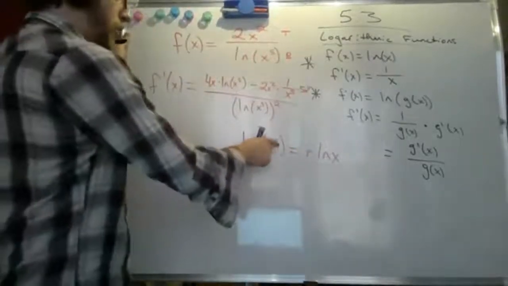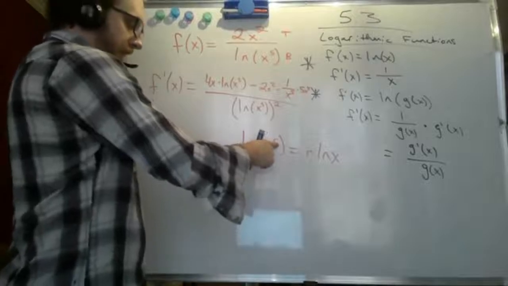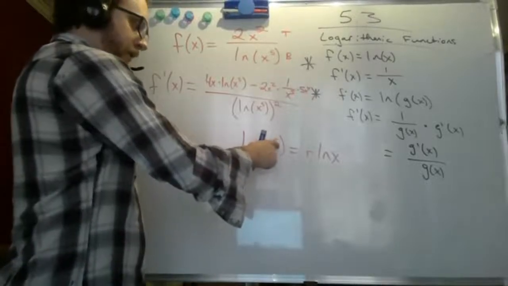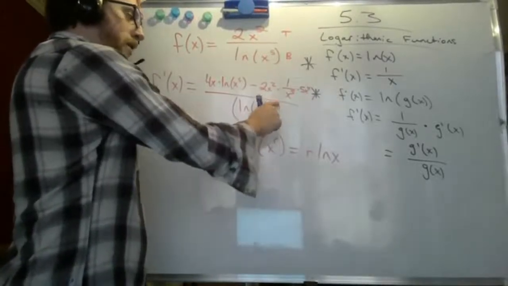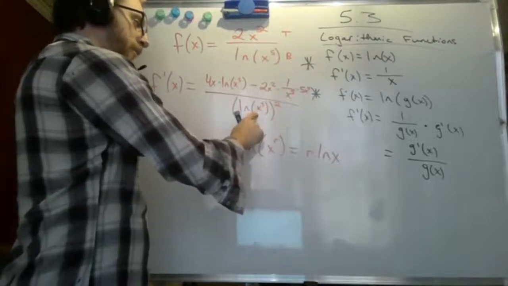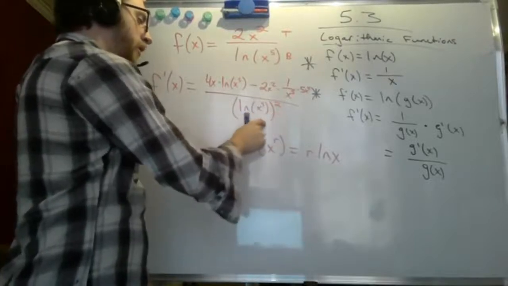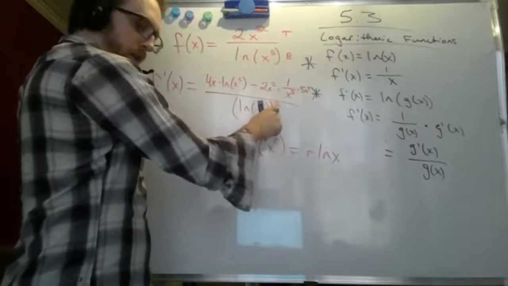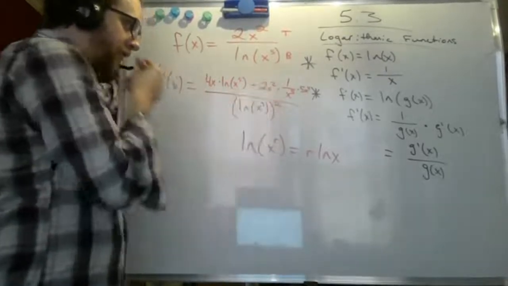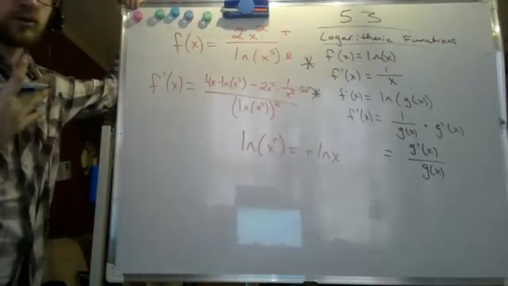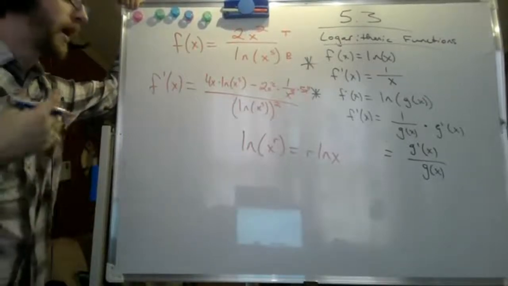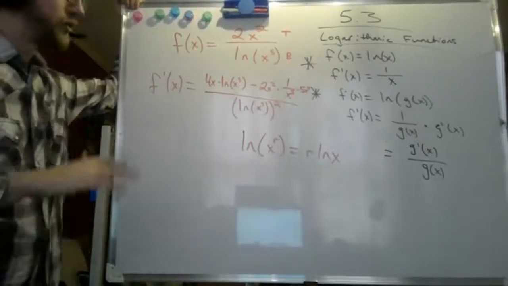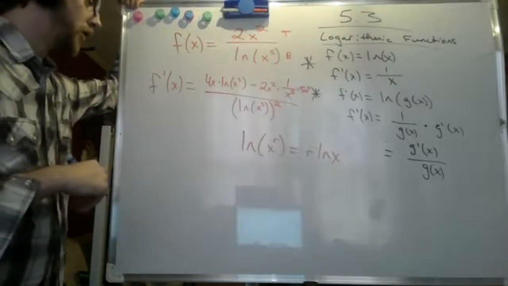But notice the power that we pulled down is the power of the inside part. This square is not the power of the inside part, it's the power of this entire natural log. So you cannot pull this 2 down. Don't make that mistake, because that's often something that students do without thinking about it, and then it'll throw off your whole answer. So try to avoid doing that.